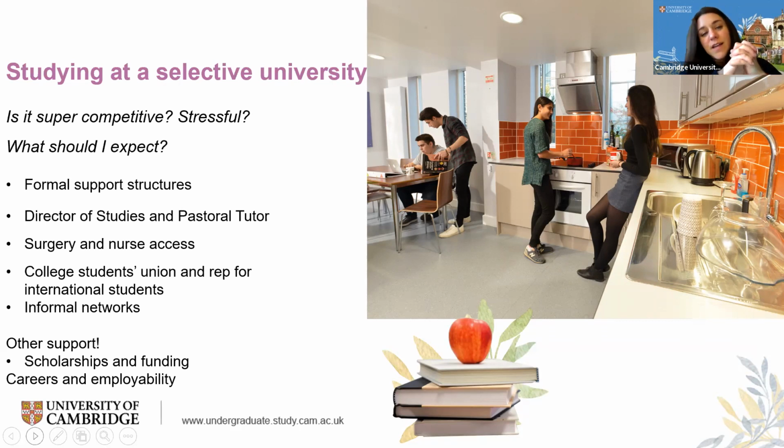There is surgery and nurse access at college level as well. And of course, there's the College Students' Union and the representative for international students, for all matters that concern international students. And of course, don't forget the informal networks that you will have created during your time at the university.